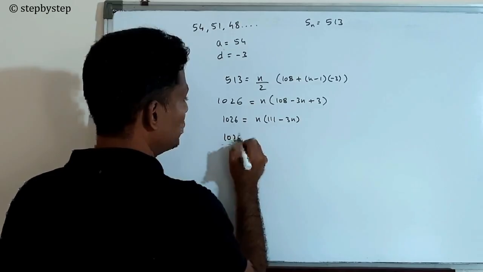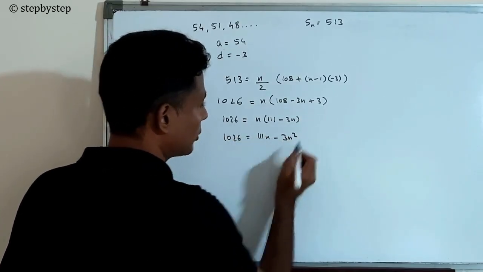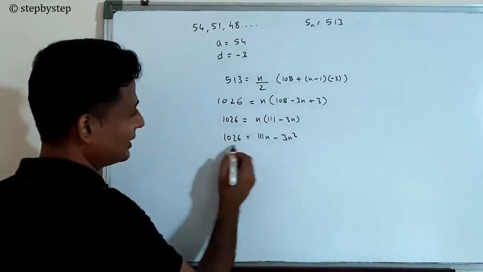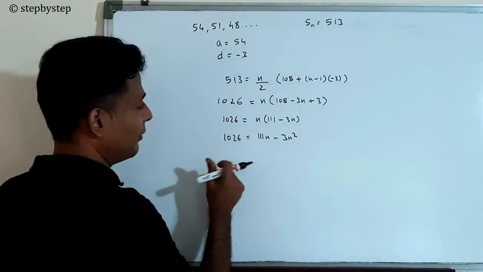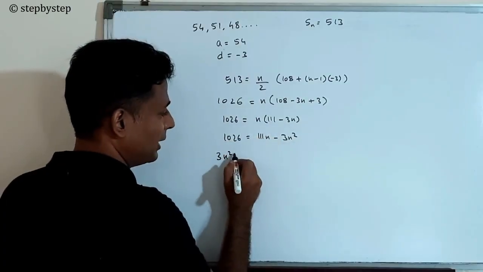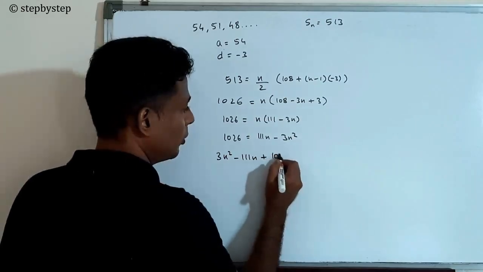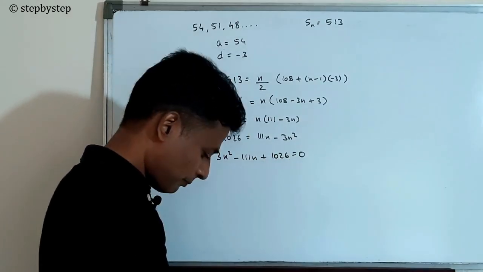So I get 1026 equal to 111n minus 3n square. Now if you observe, this is a quadratic equation. So I'll transpose everything to one side. So minus 3n square becomes plus 3n square minus 111n plus 1026 equal to 0.